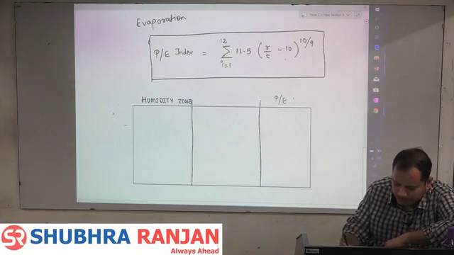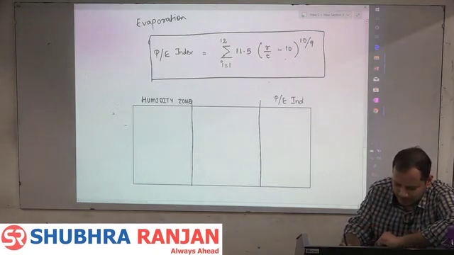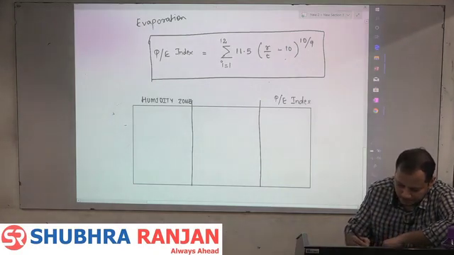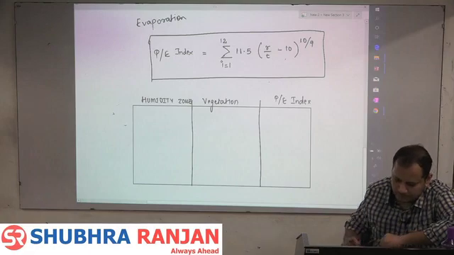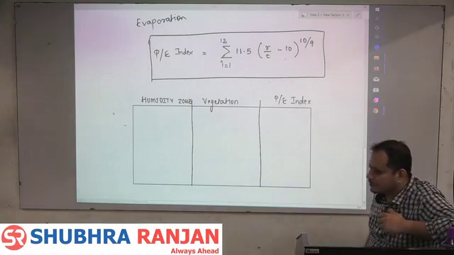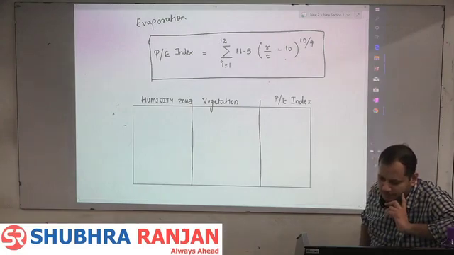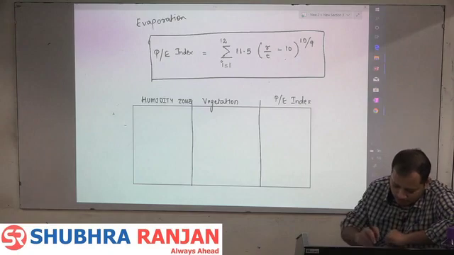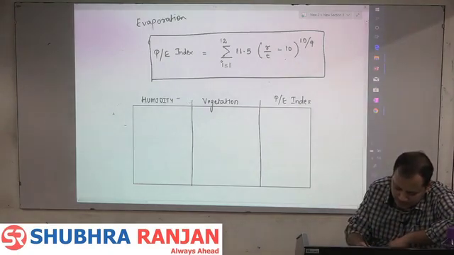P by E means precipitation upon evaporation. Don't draw the lower part yet.